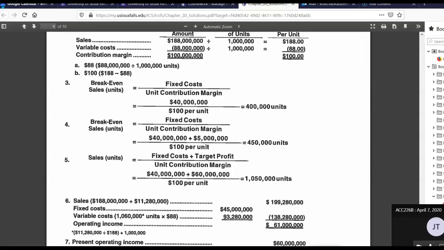Zero. So we sell, here's a question for you, anybody answer. If we sell 400,001, then how much is our operating income?